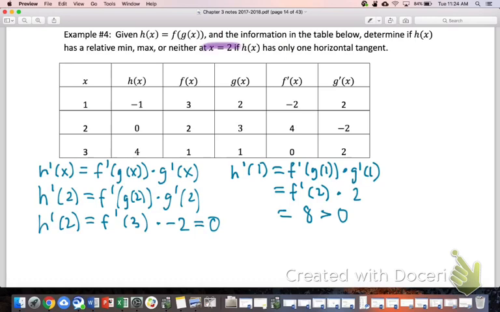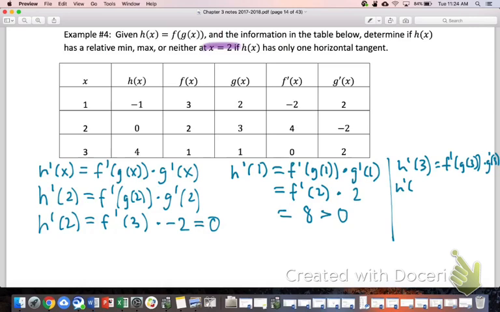Okay. Last thing we're going to do is find h prime of 3. So h prime of 3 is equal to f prime of g of 3 times g prime, I'm running out of room, of 3. I ran off the edge there, I'm sorry.